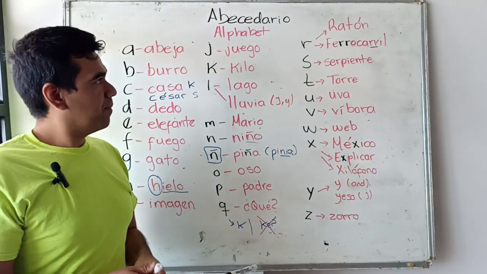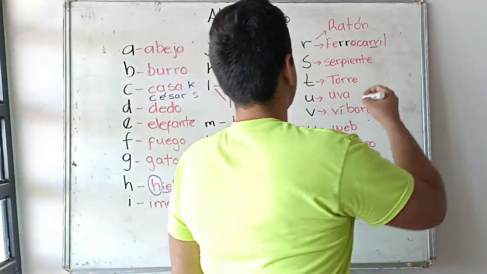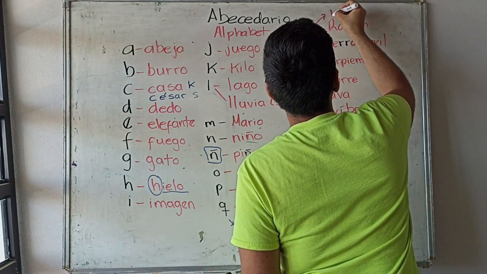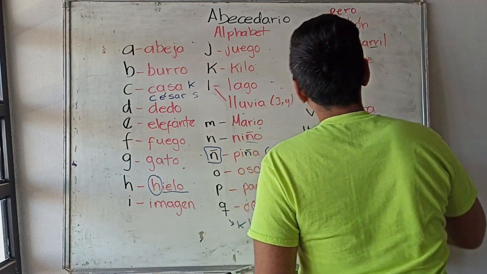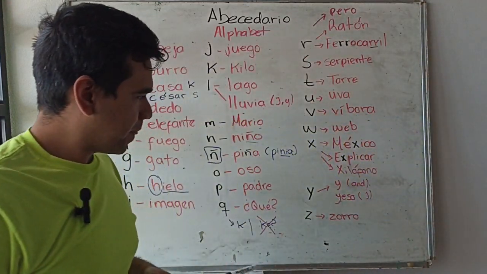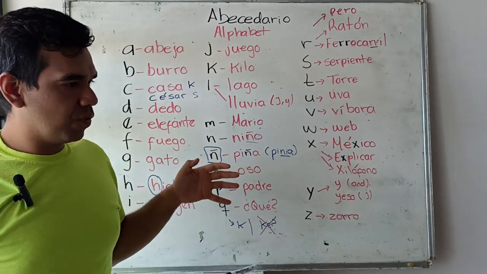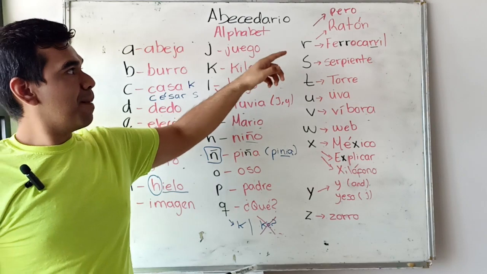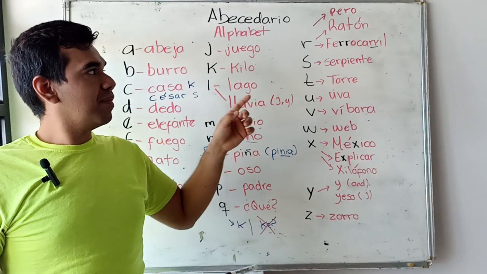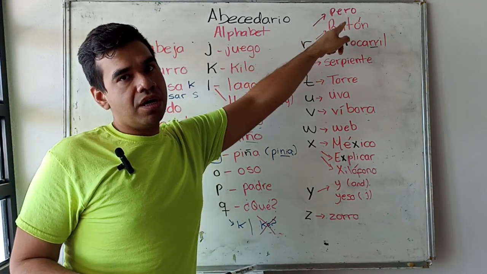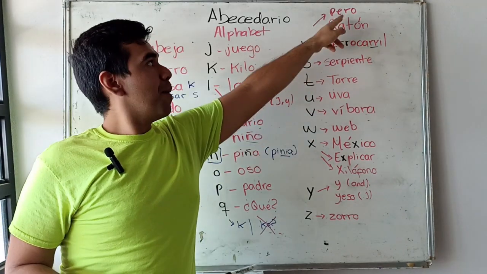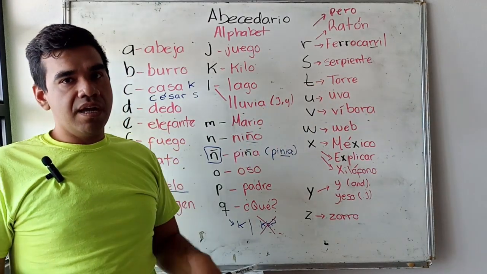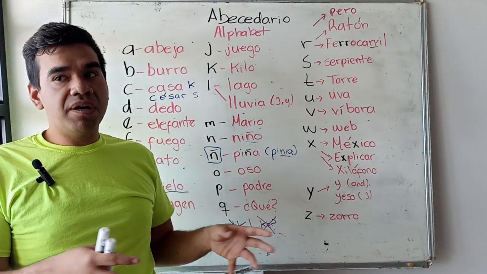Ferrocarril. But there is another example where the Spanish R doesn't sound strong. Instead, it has to sound softer, in this case, pero, which is but in English, like when you say, I would like to buy this, but I don't have the money.